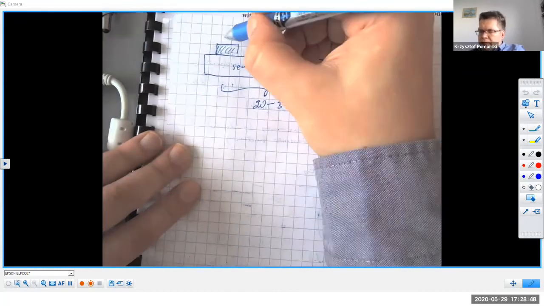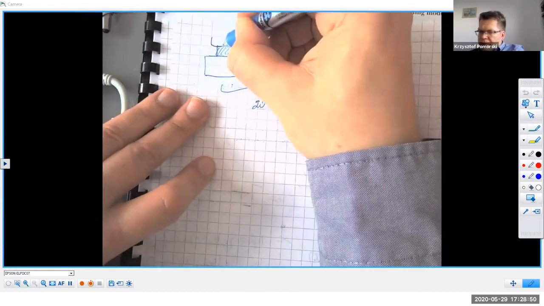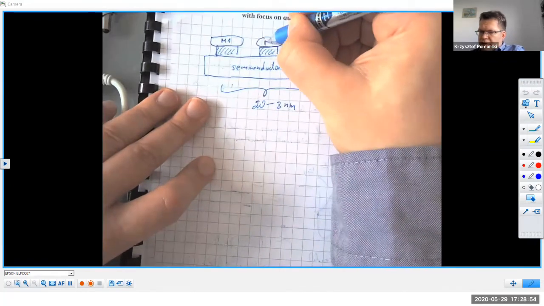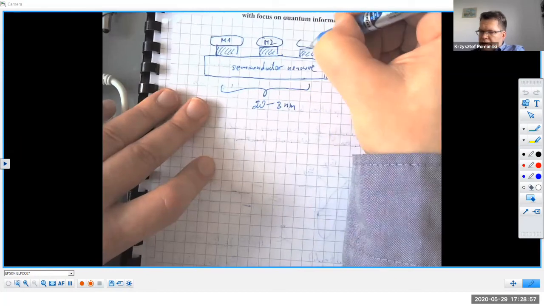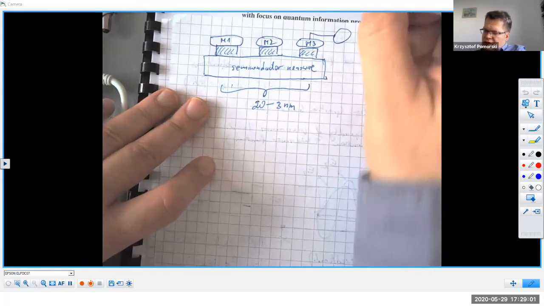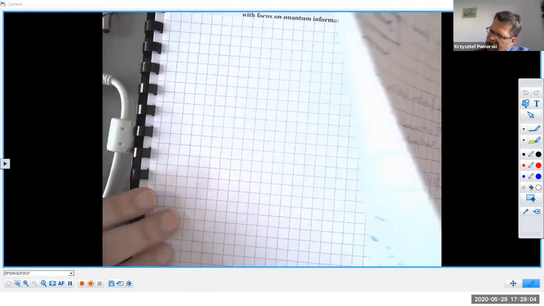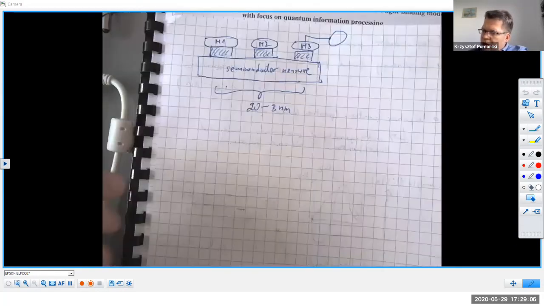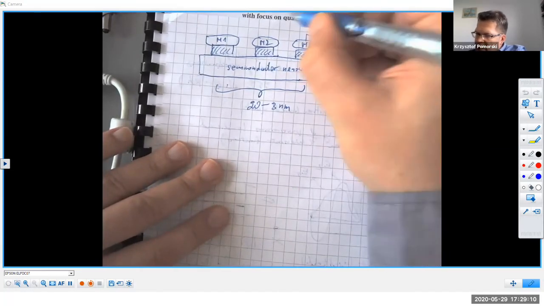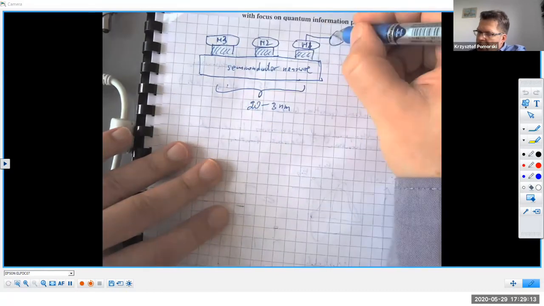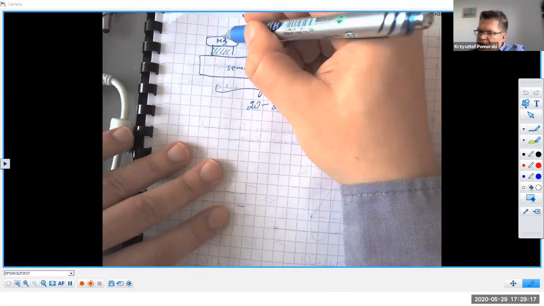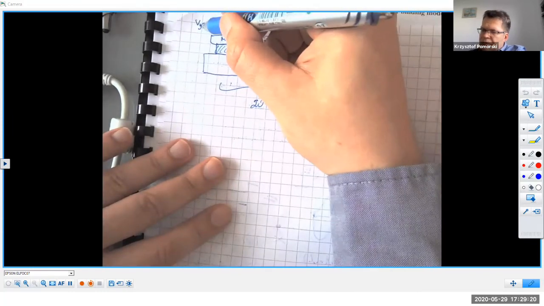Then you put metallic gates on the top. This is VG1, this is 2, and this is 3. So VG1 is controlled by voltage VG2, and this is controlled by voltage VG3.